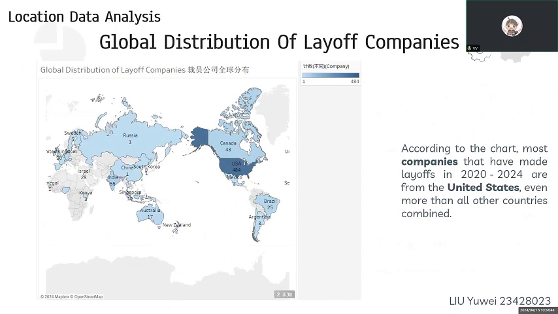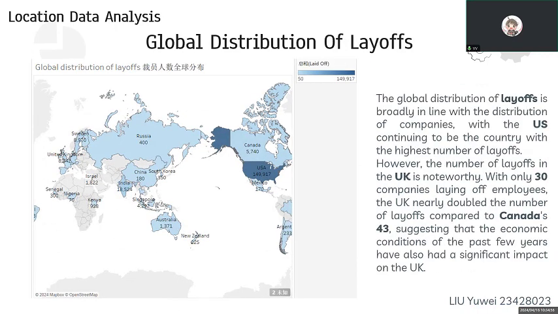And for this chart, most companies that made layoffs from 2020 to 2024 are from the United States, even more than all other countries combined. And for the layoffs, the global distribution of layoffs is broadly in line with the distribution of companies, with the US continuing to be the country with the highest number of layoffs.